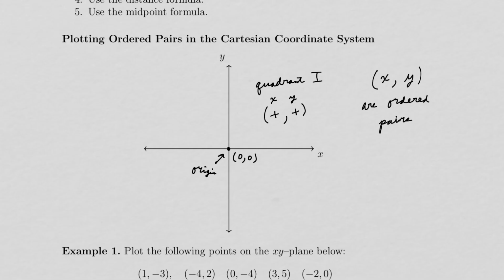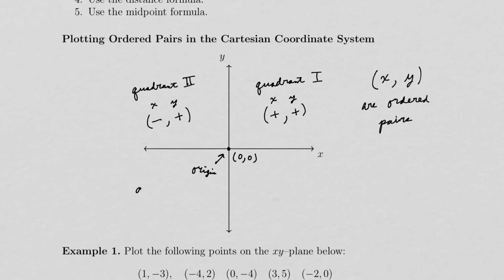Now, I'm going to name these counterclockwise. I always start at quadrant 1 and move counterclockwise. The next one, the upper left, is quadrant 2. In this quadrant, the x values are negative, because I'm moving to the left of the y-axis, but the y values are still positive. So if I do x, y, it's going to be a negative value and then a positive value. Then I keep going counterclockwise. Now I'm in the bottom left.